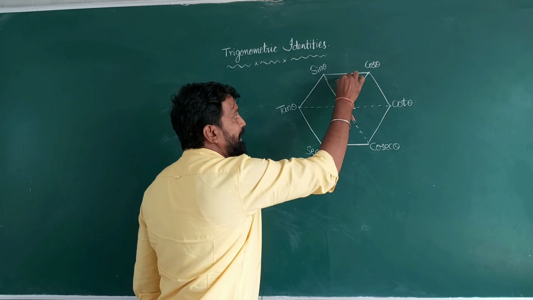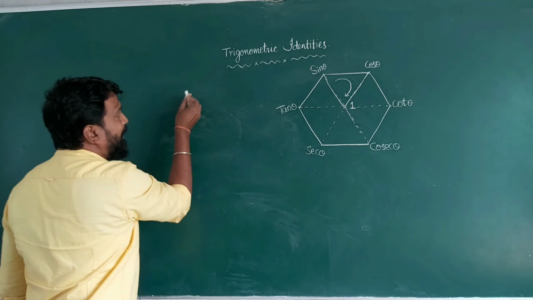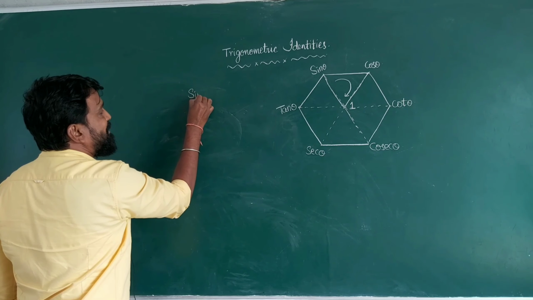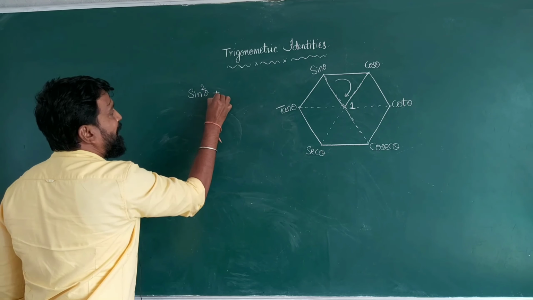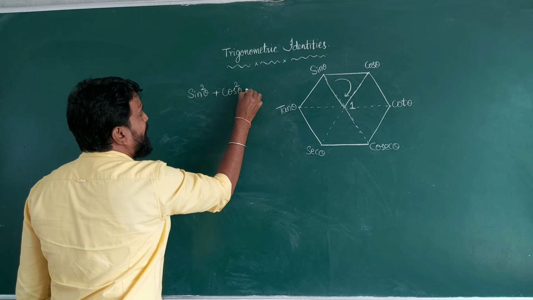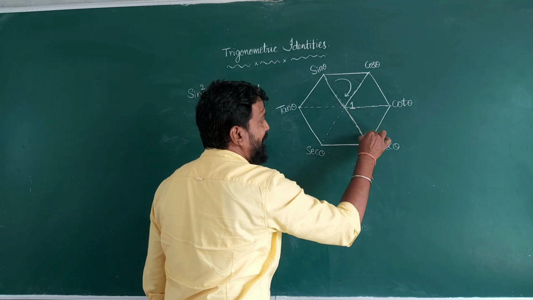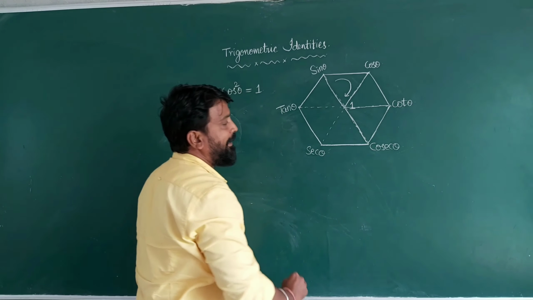If you go in clockwise rotation, you can write sin square theta plus cos square theta is equal to 1. This is called the first trigonometric identity. Now take the second triangle.